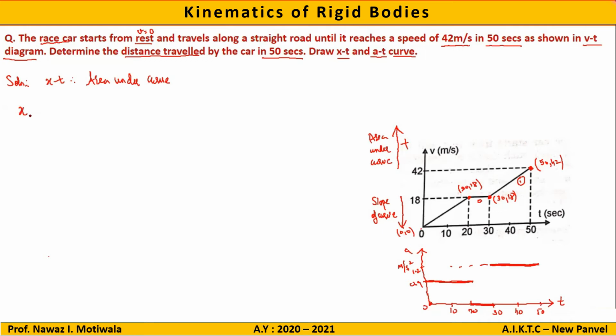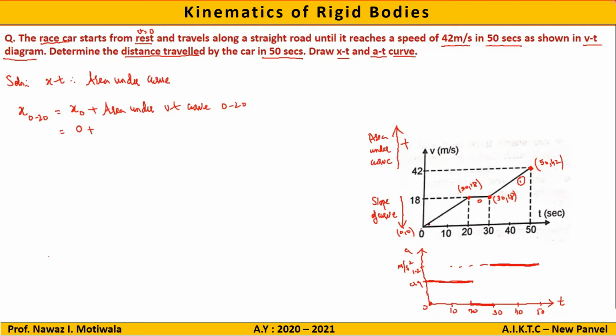Displacement between 0 to 20 seconds. So the formula will be: displacement between 0 to 20 is displacement at 0th second plus area under the VT curve between 0 to 20. So x0, as initial displacement is not given, we will assume it to be 0, plus area under the VT curve for 0 to 20.